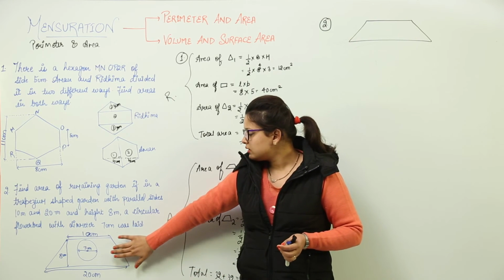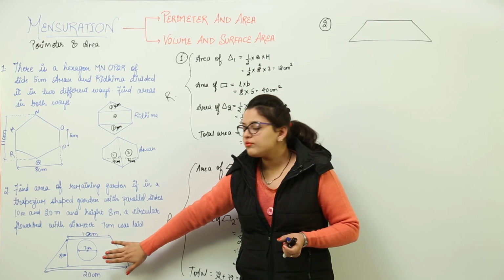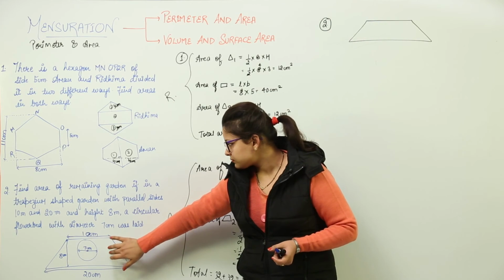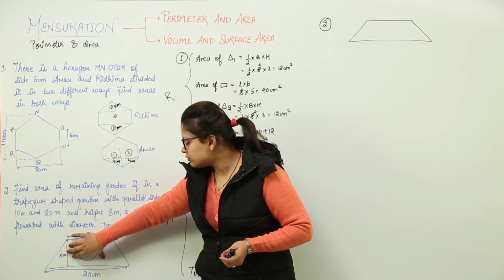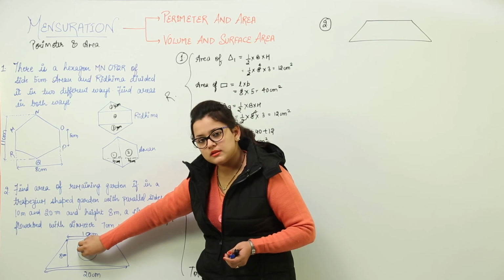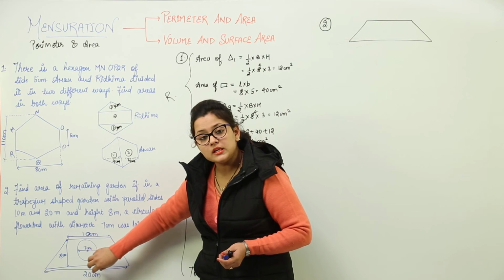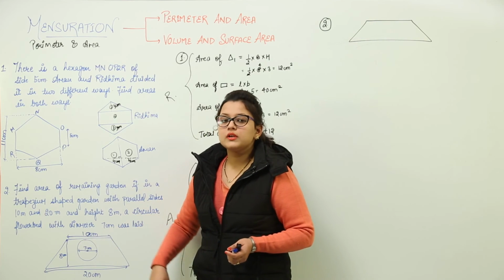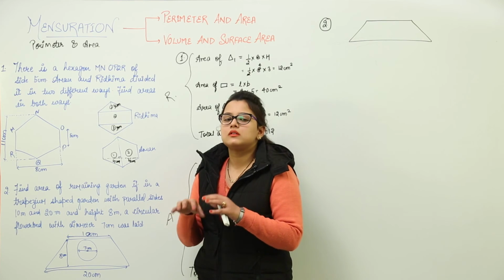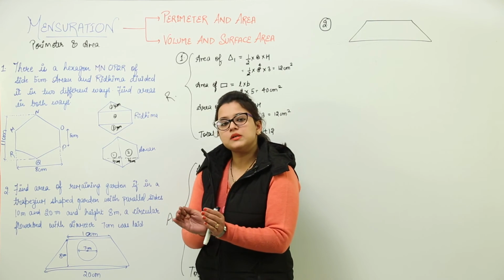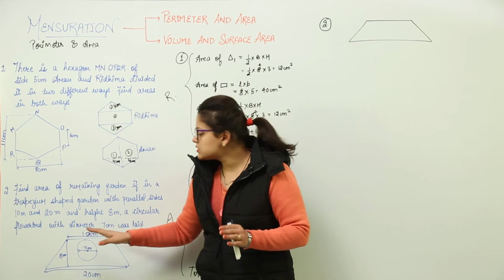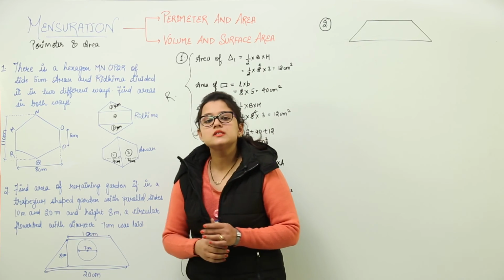We are required to calculate the area of the remaining part. They are asking, out of this whole trapezium garden, we are making a flower bed in the middle, that is we are taking a circular part out of it and putting the flowers into it. That is why the circular part in the middle has been removed. So how much area surrounding it is left?